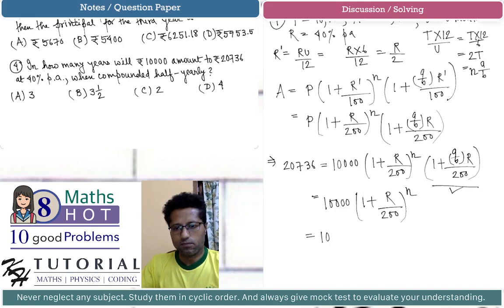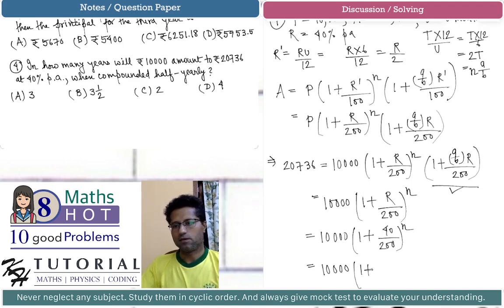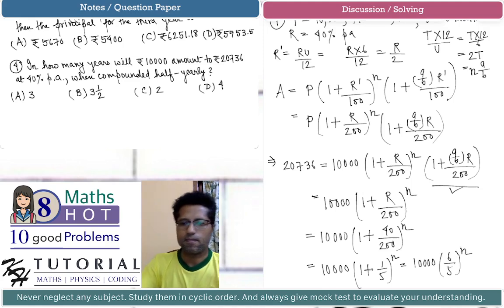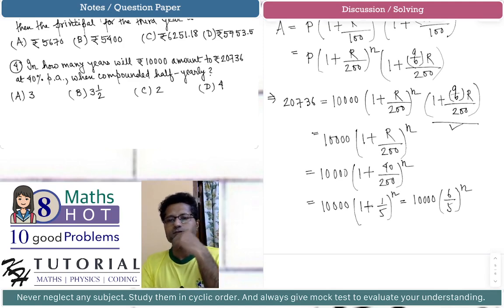So this is equal to 10,000. 1 plus r is 40 by 200 to the power n. 40 by 200 is 1 by 5, so this is equal to 10,000 times 6 by 5 to the power n.